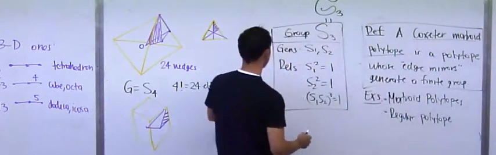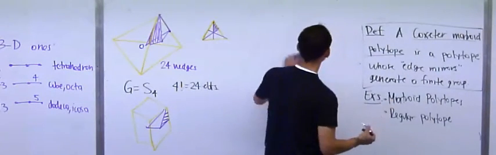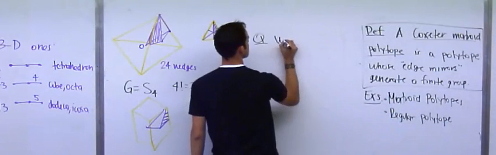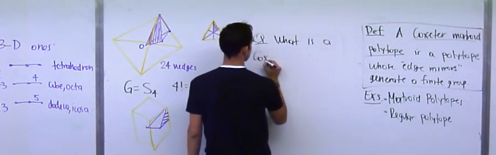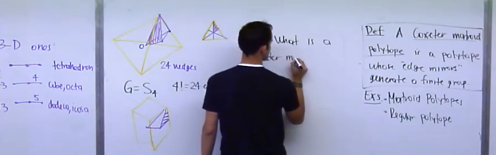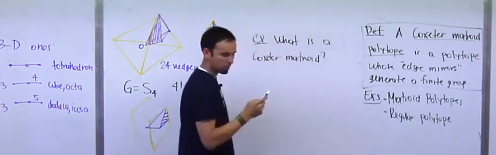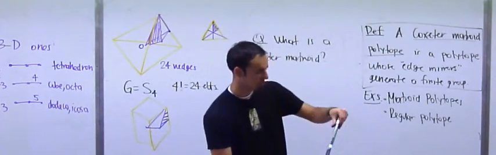So, question. And these are the polytopes. So what are the matroids? What is a Coxeter matroid? Well, this is the answer.